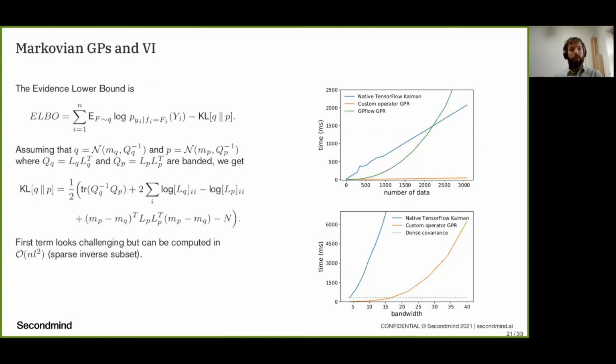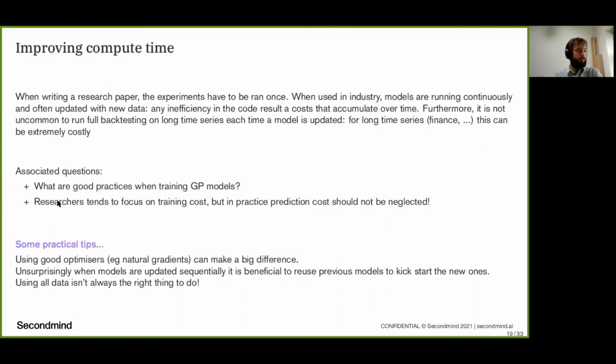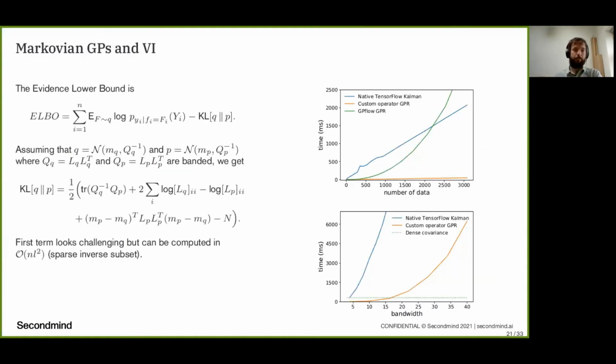So if you look at the evidence lower bound, and maybe one more thing on this slide, using these two properties is something that allows us to basically have Kalman filters or Gaussian Markov random fields. With these two properties, we can compute the marginal likelihood in linear time for a Gaussian process.